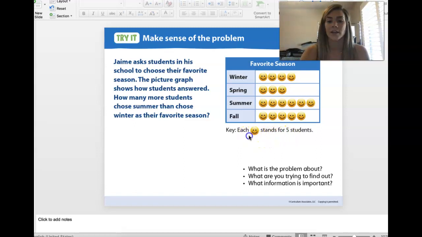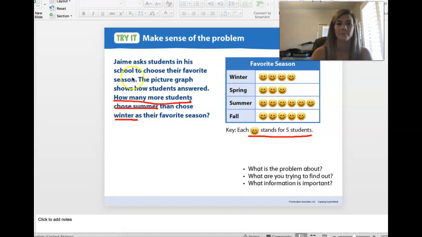I'm going to underline each little emoji stands for 5 students. And I'm going to underline how many more students chose summer than winter. So that is the key information that you should have picked out of this problem.